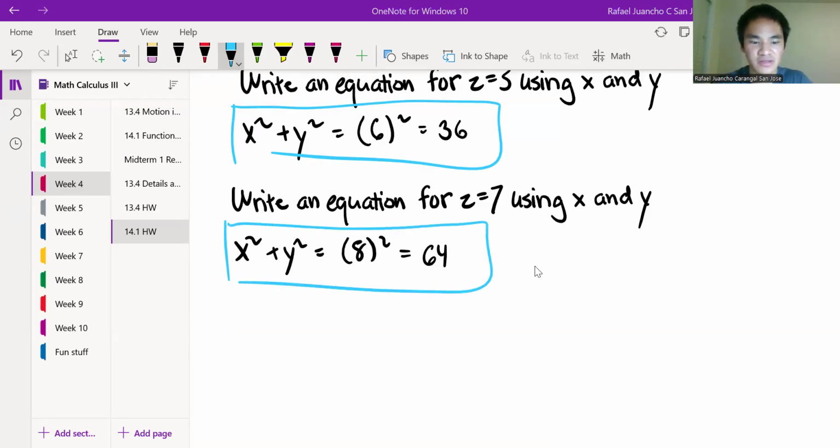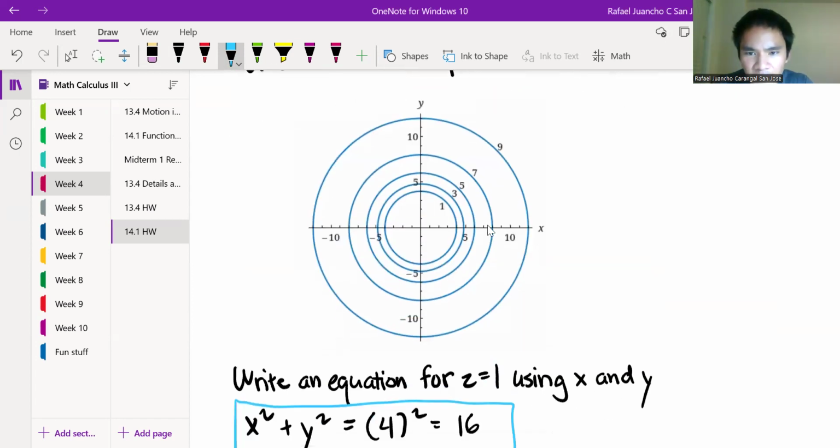There's no pattern or anything. Oops, typed it wrong. I got 64. 6, 7, 8. Yeah, okay.